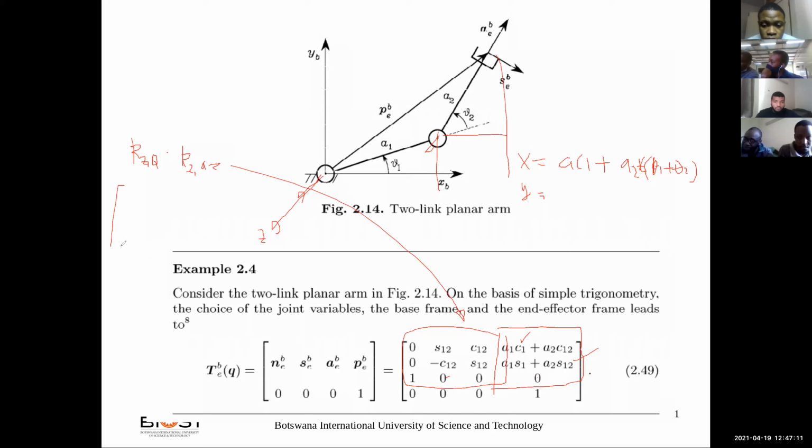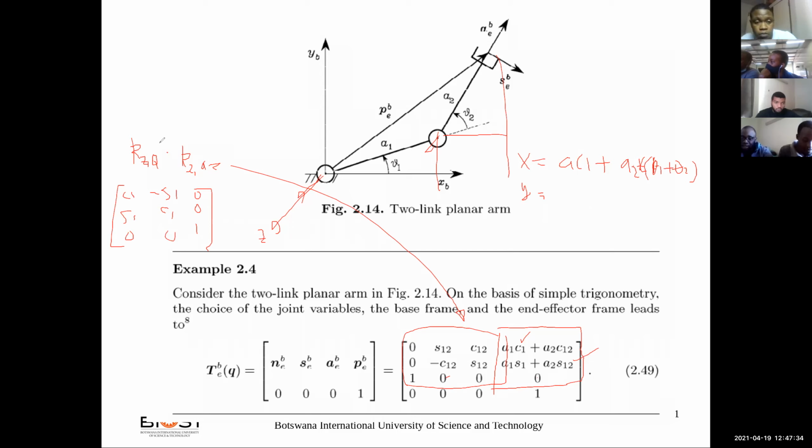So what is this kind of rotation? Rotation about the z-axis, it will be 0, 0, 1. And then here, cosine of theta 1, cosine of theta 1. Here will be sine of theta 1. I think that's minus sine. That's correct. And then 0, 0, 1 there.